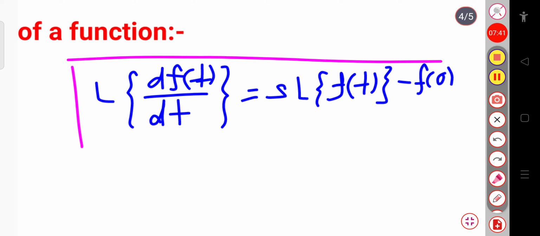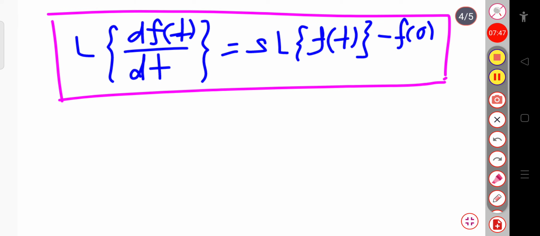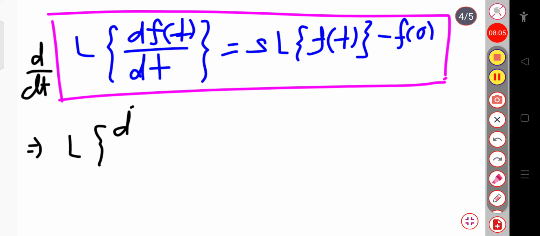Now we will see the Laplace transform for the second order derivative. From this equation, the Laplace transform of the first order derivative, if I take d by dt of both sides, then this will become the Laplace transform of the second order derivative. So this becomes the Laplace transform of d square f of t divided by dt square.